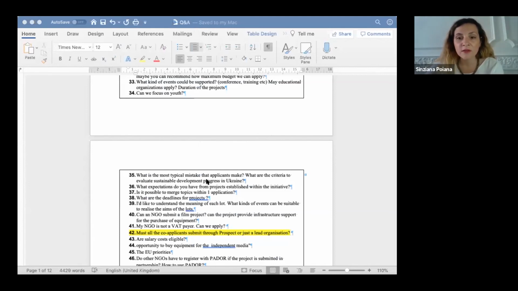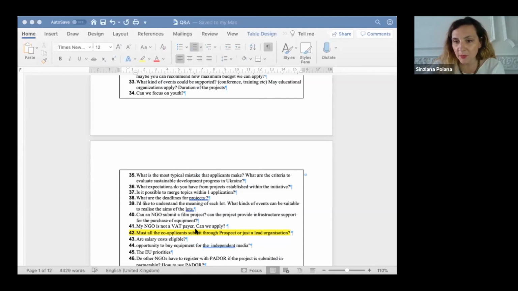You need to write to the functional mailbox that is in the guidelines, and I can assure you that there are people who are behind this functional mailbox, but this is basically to also streamline our activity. So to avoid frustrations on either side and you not getting the proper information on time, please follow the instruction in the guidelines.